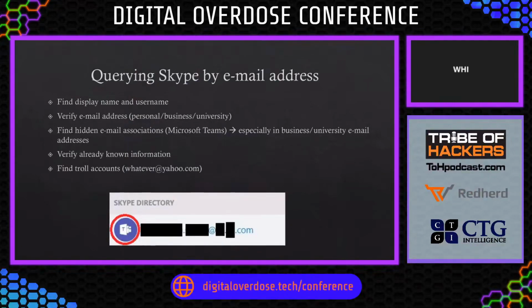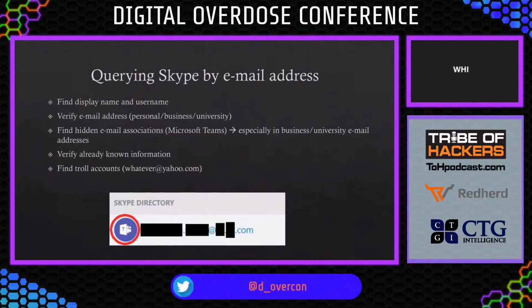Or search if an email address, work or student, has been used to create a Microsoft Teams account, in case, of course, the target email has not been used for a Skype account, to both verify the existence of the email address and reveal if there is a Teams account linked to it. If there is indeed an email address that has been used to register on Microsoft Teams, but has not been used to register on Skype, you will get a result like the one in the photo. Note that this cannot be done with the Skiply site search.